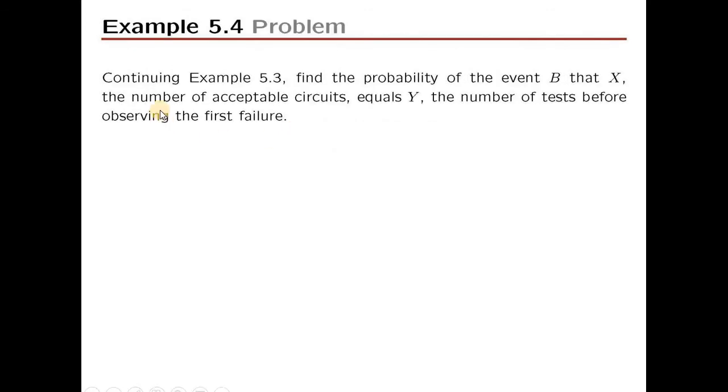Now to do this, let's consider an example. The example is the same one that we have. Here we want to find the probability of B, the event where the number of acceptable circuits X equals the number of tests Y before observing the first failure.